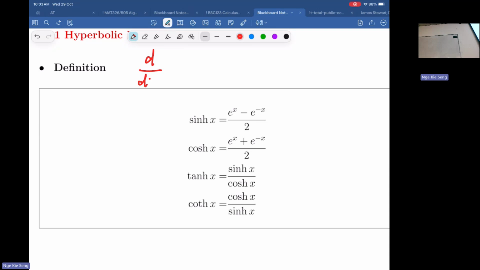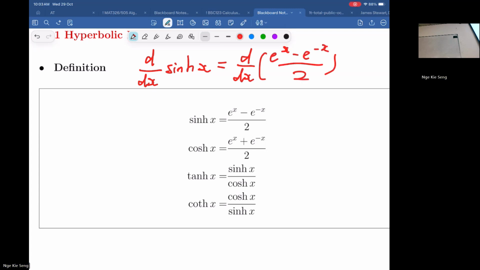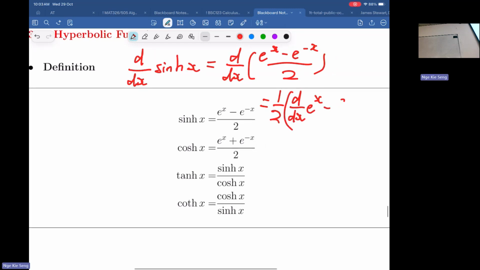Yes, just e to the x itself. If you're going to differentiate sinh x, for example, you differentiate this linear combination here. We know that derivative is linear, so we can just take the derivative on e to the x and also on e to the minus x. If you differentiate e to the x, you just get e to the x.